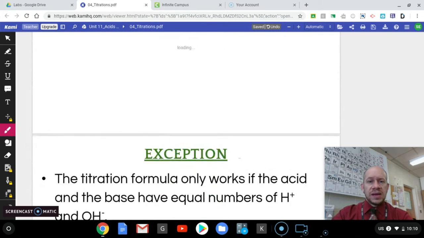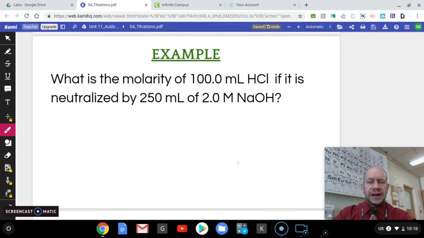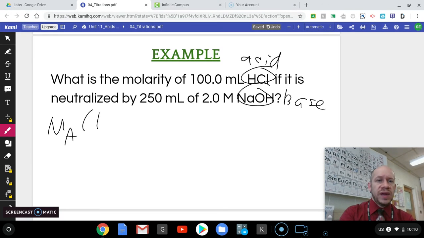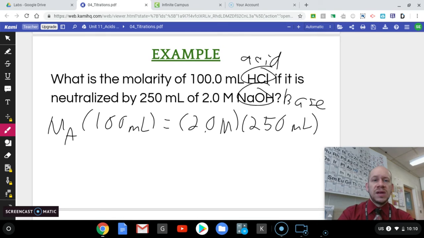All right, one more example. What is the molarity of 100 mL of HCl if it is neutralized by 250 mL of 2 molar NaOH? Here is our acid. Here is our base. So we need to know the molarity of our acid, if we have 100 milliliters, is equal to the molarity of our base times 250 milliliters.